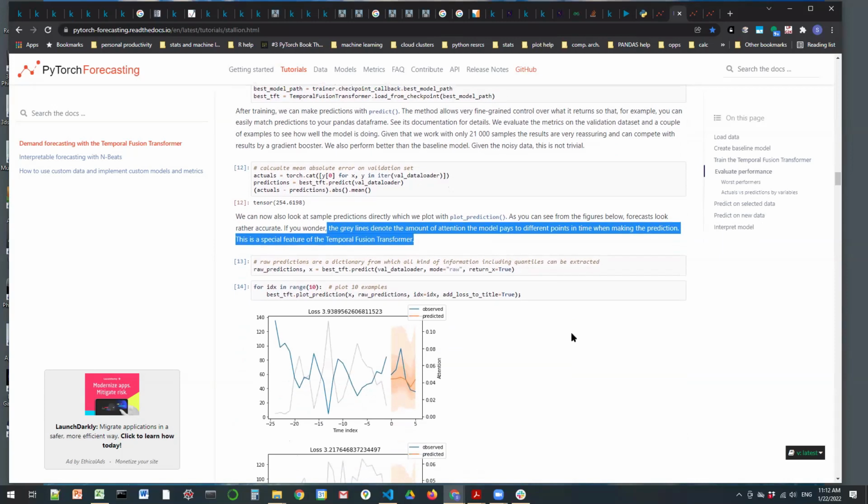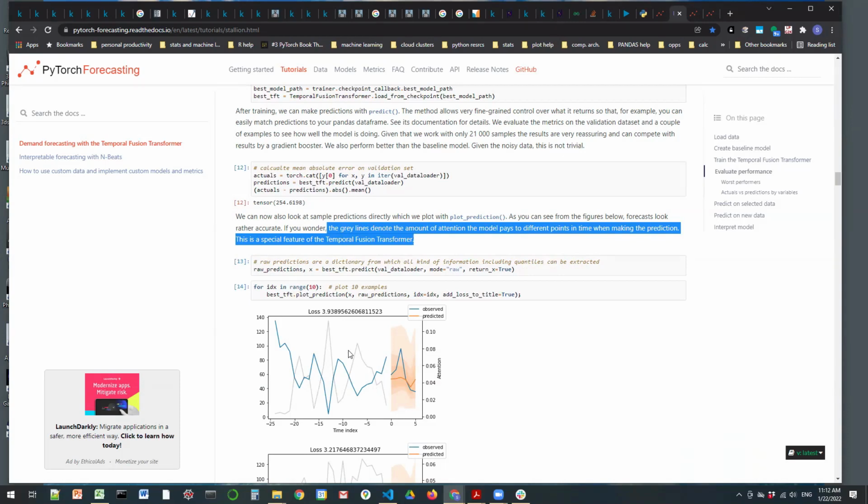So what you are actually seeing here is, much like in the case of NLP transformer usage, where we have seen in our NLP course a couple of blog posts that show the various heads and what they're paying attention to in terms of the words when they're predicting the future.